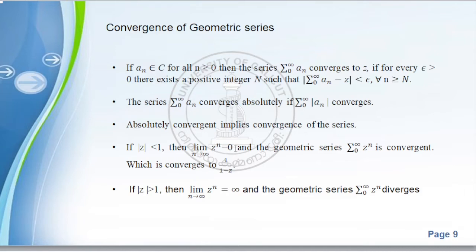Then it has a limit. So we can say that the geometric series sigma z raised to n is convergent and converges to the value 1 by 1 minus z. And if mod z is greater than 1, what happens to the limit of z to the n? It goes to infinity. So the geometric series diverges.